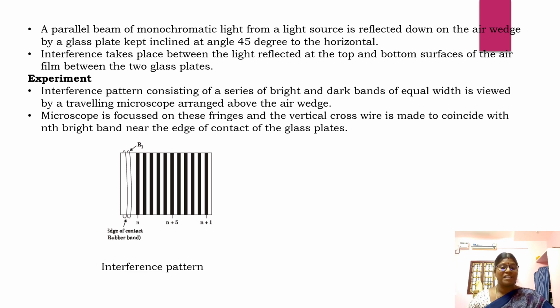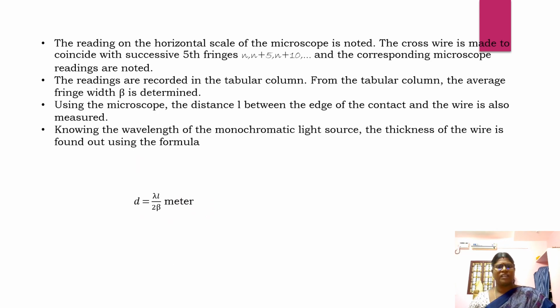Likewise, the n plus 10th band and the 15th band. Accordingly, the readings taken for the nth band, n plus fifth band, n plus 10th band, etc. are recorded and entered in the tabular column. From the tabular column, the average fringe width beta is determined.